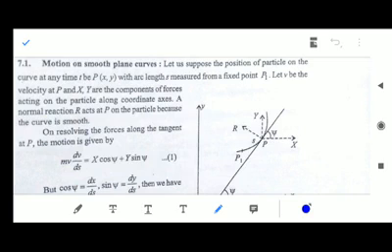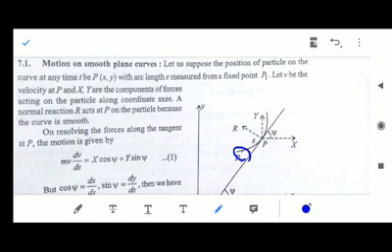This curve P1 P is an arc, and a part of a curve is called an arc. So in this curve we have taken P1 as the fixed point, and every distance will be measured from this fixed point P1, and P is any point with arc length S measured from P1.